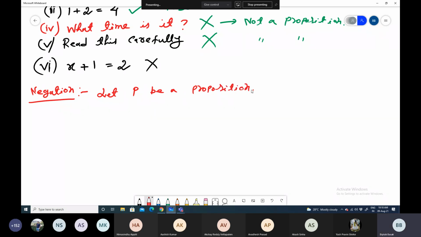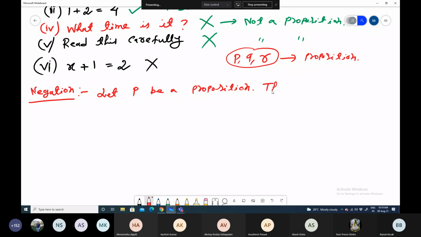From now onward, if we use P, Q, R, we will write these as propositions. That is, P is a declarative sentence which is either true or false, that is, it should have a truth value.